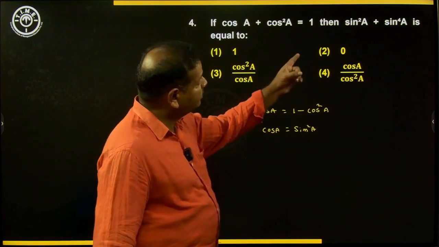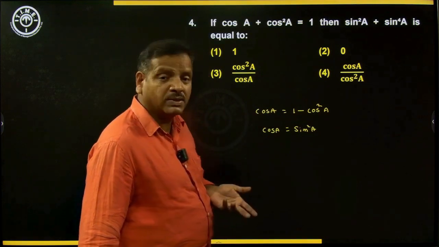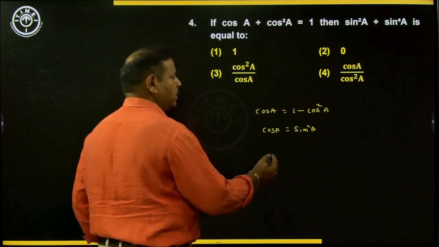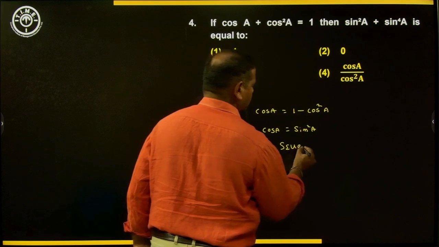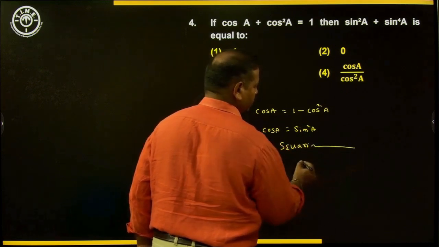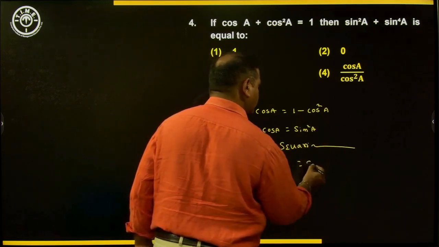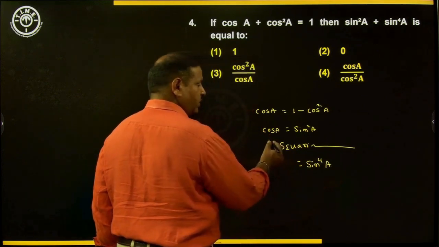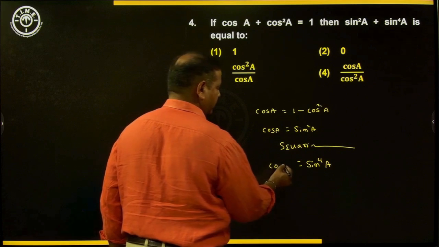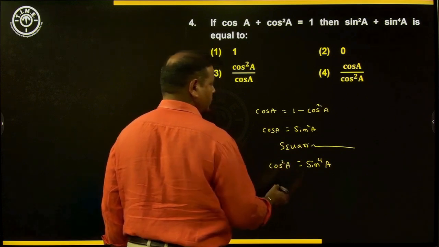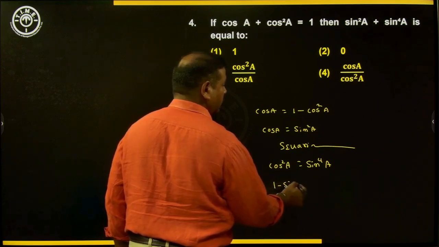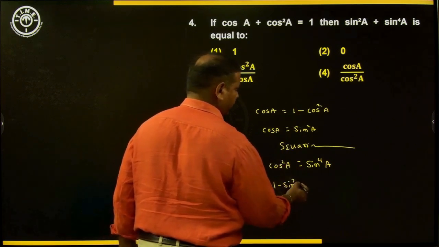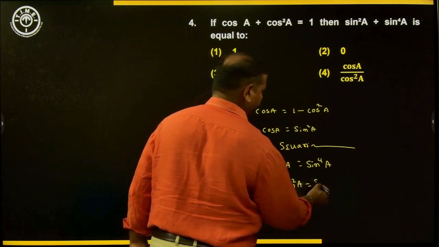But once you observe the required expression, sin square a plus sin to the power of 4a is asked. How do you get that 4? Again, squaring on both sides. Then sin square a whole square is nothing but sin to the power of 4a. Left side, what do you get? Cos square a, which can be written as 1 minus sin square a, equal to sin to the power of 4a.